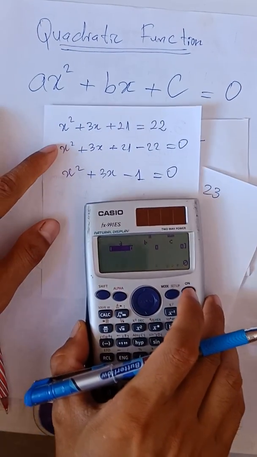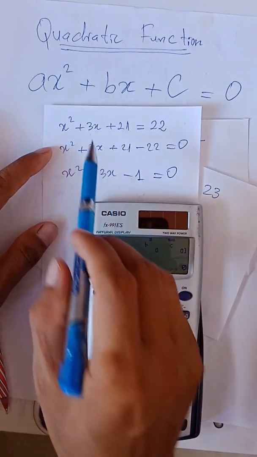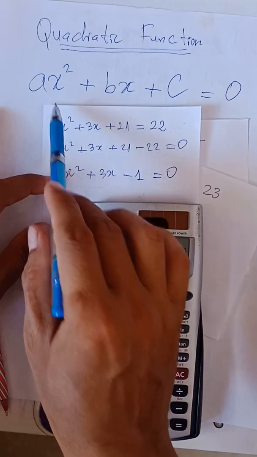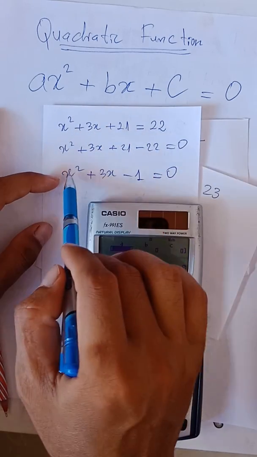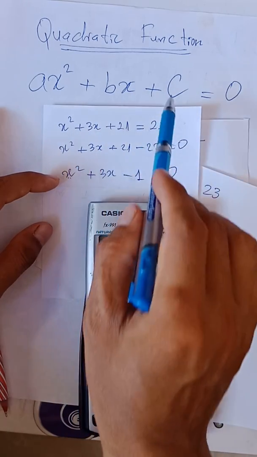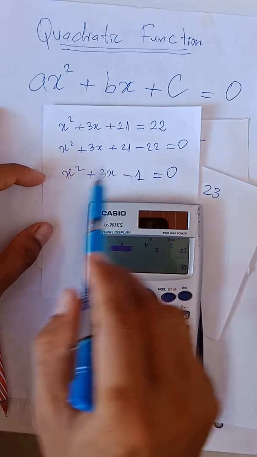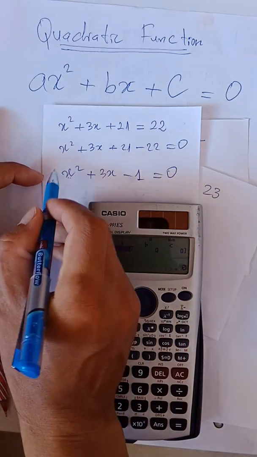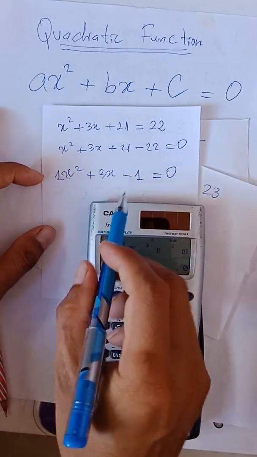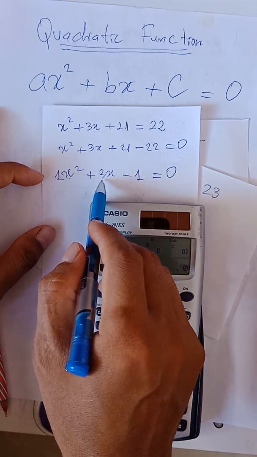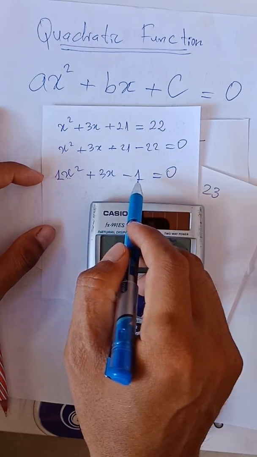So now it looks the same as the quadratic function already. The A with x squared, the B with x, and the C by itself right here. So you have the A value right here, by default 1, and then the B value 3, and the C value which is negative 1.